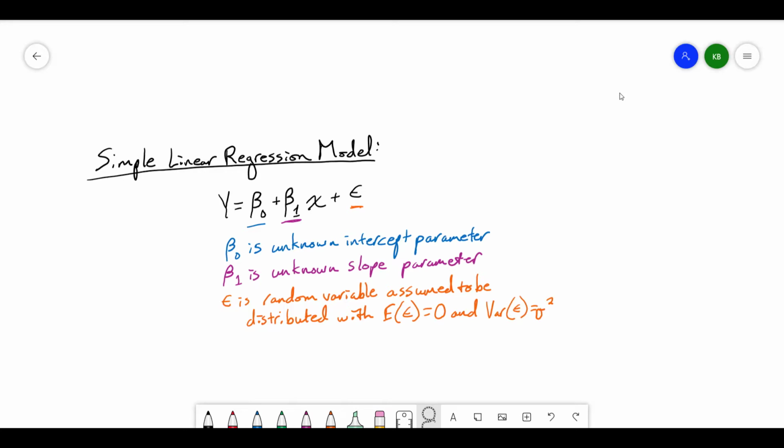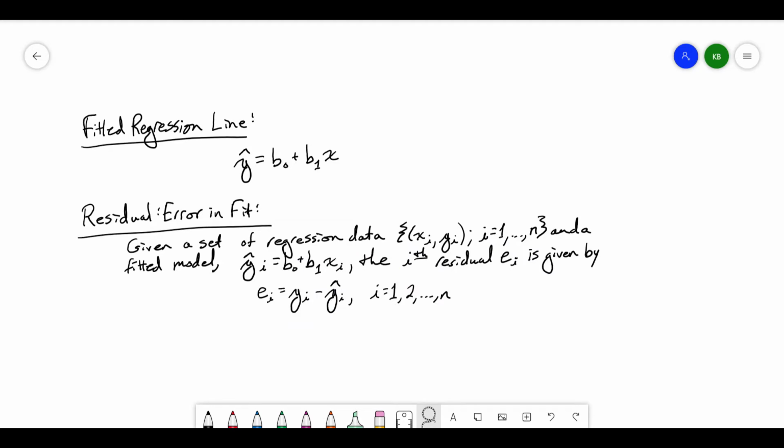Now, this equation should hopefully look familiar to you as the equation of a line plus this extra little epsilon deal.